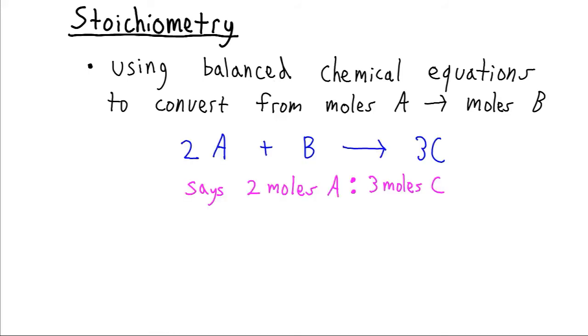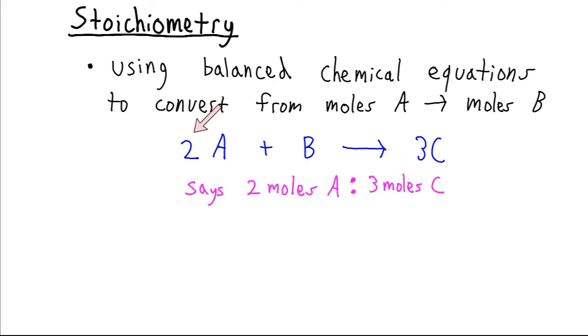And so as an example, let's say we have this reaction. What this reaction is saying, if we have 2 molecules of A and a molecule of B, we will get 3 molecules of C. And we often talk about moles, since we usually have a lot more than just a single or a couple molecules.